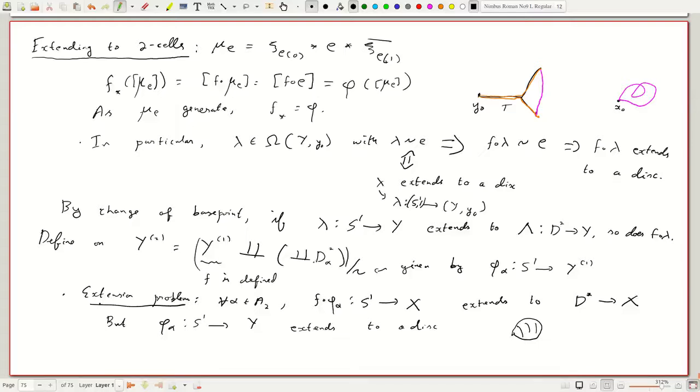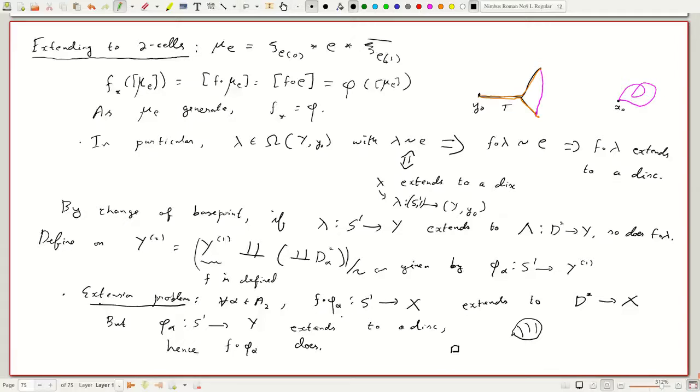Namely, we look at the identity map on the second component and then compose it with a quotient. Okay, and so what we claimed above, using the change of base points and the fact that we had a homomorphism, is that f composed with phi alpha does too. Okay, so this is it. We are done. So what we want to say is that we can extend to the 2-skeleton.